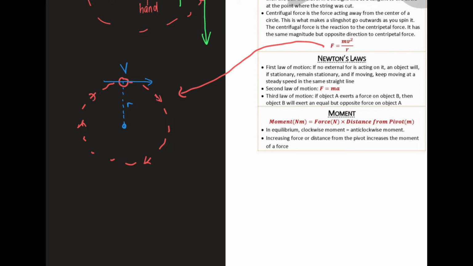Now let's say one example. Let's say our object is the Earth.